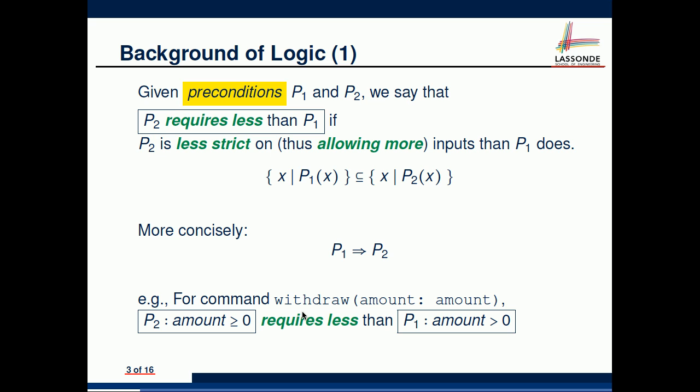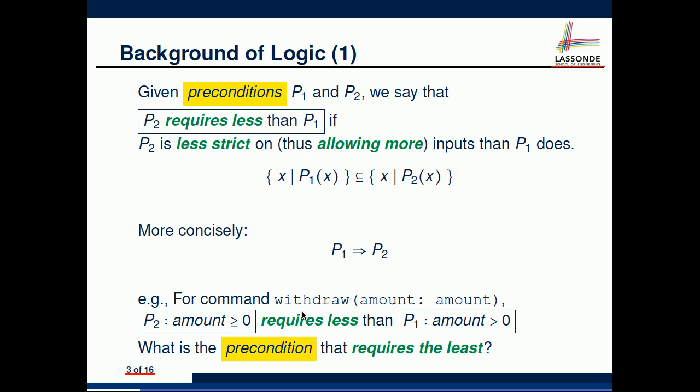A very small test for you. Having this, what would be the precondition that requires the least? No, just in general. Let me say it again. What would be the precondition, being a Boolean condition, that requires the least?